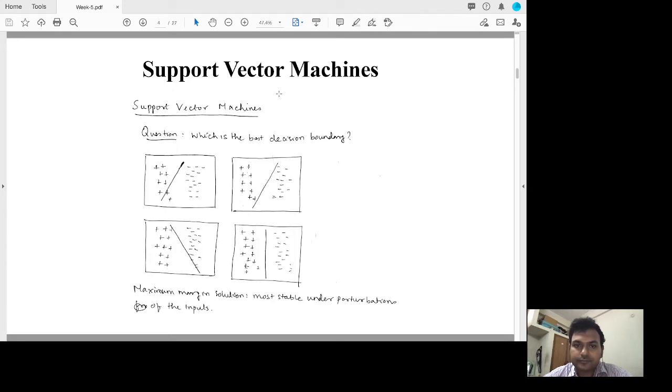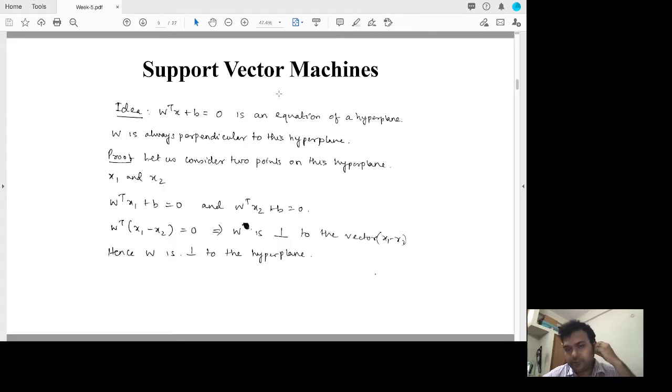Before going to the formulation of support vector machines, this is a small piece of information that you need to have. There is a hyperplane which is W transpose x plus b equal to 0, and this represents an equation of a hyperplane.